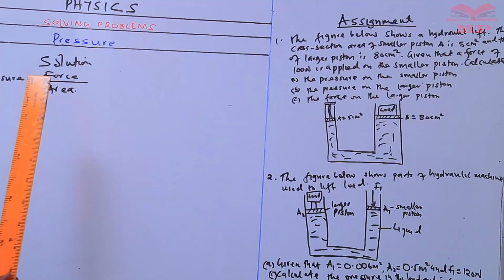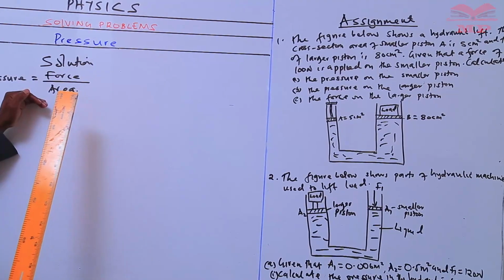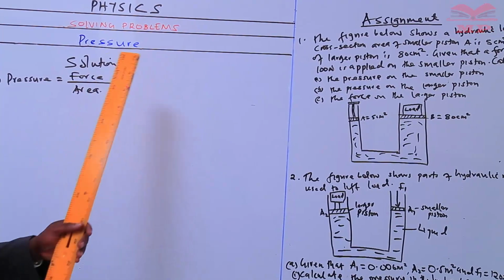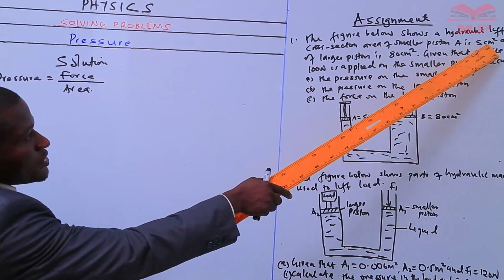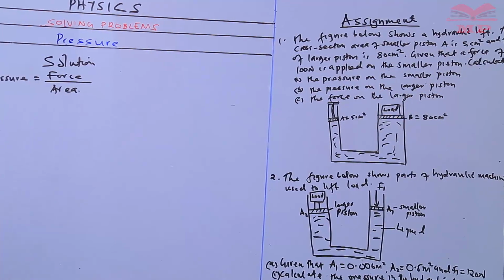When you are calculating, first of all, we make sure that everything is in the SI unit. So we have area in centimeters, we are supposed to convert it into meters. So you work it out.